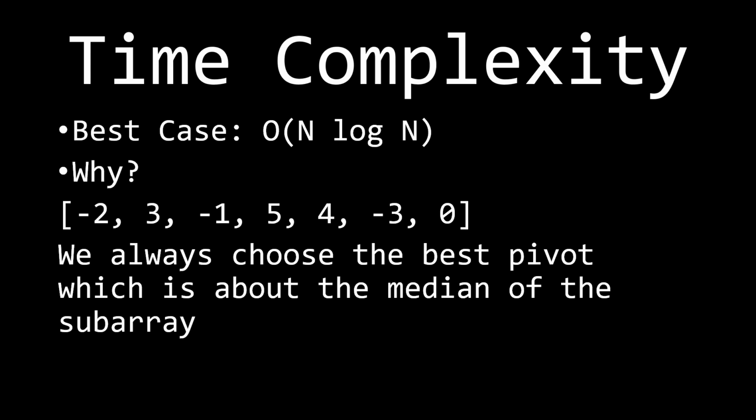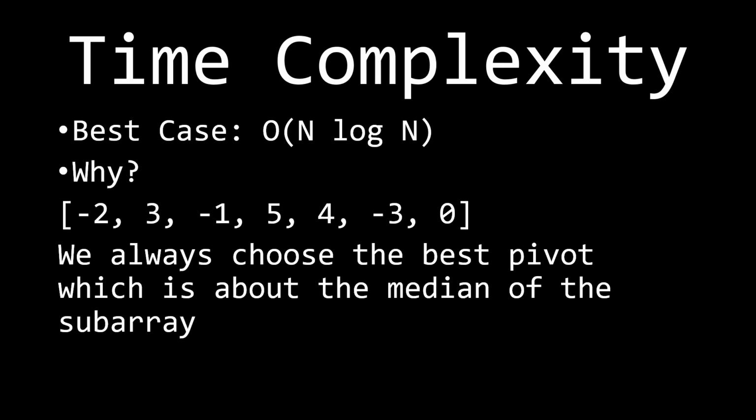And the best answer is always going to be the median of the subarray, or the element that's closest to the middle. And so when we swap the values, it's going to be the perfect element. So every time we pick a pivot and do the partitioning, it's going to update our array and bring it closer and closer to the answer.